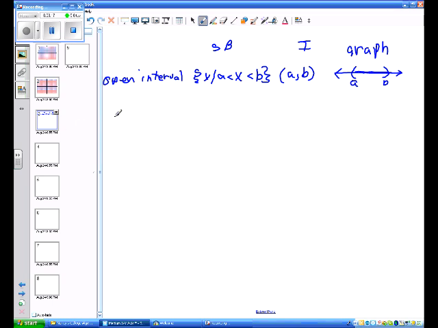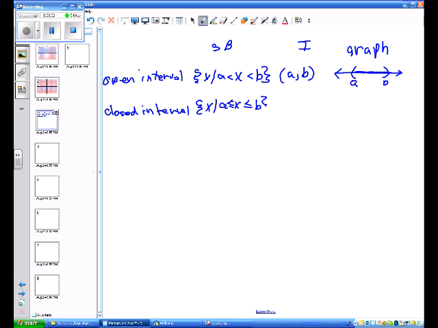Now we can have what's called a closed interval, which means that we're going to include the endpoints. So the way we would do that in our set builder notation, we would have our set, it's all x's such that a is less than or equal to x and x is less than or equal to b.